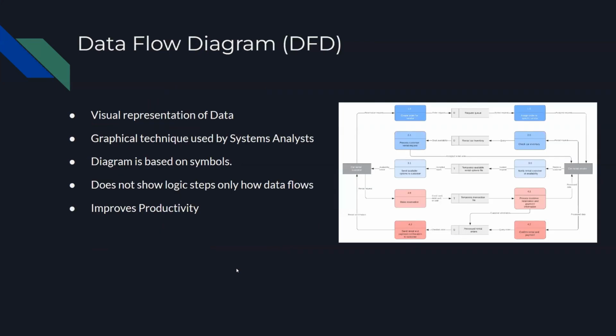So to start off with data flow diagrams, these types of diagrams are visual representations of data that flows through a process or system, as seen here below in the image. Systems analysts use graphical techniques to describe such information systems. It uses various symbols to show how the system transforms input data into useful information.